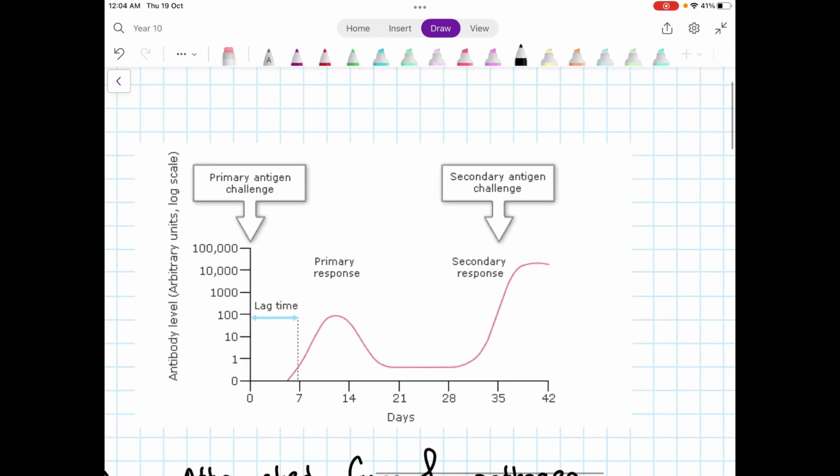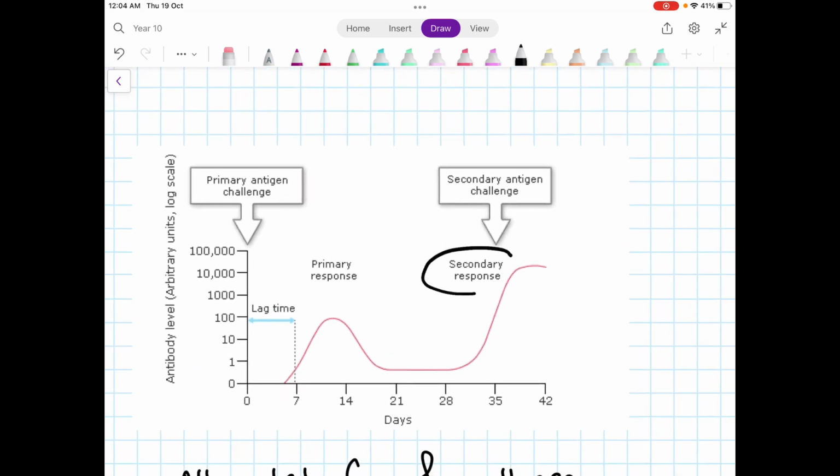And this process is shown by the graph over here. So you could see the secondary response occurs much more quickly, and the number of antibodies produced is a lot higher compared to the primary response.